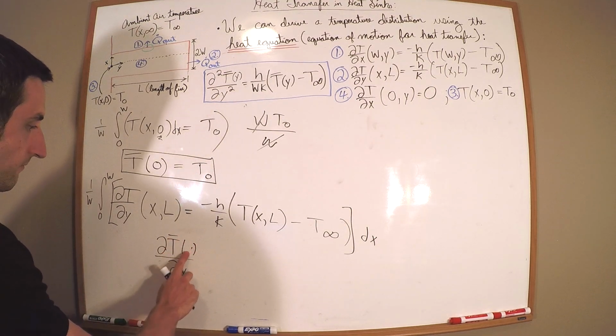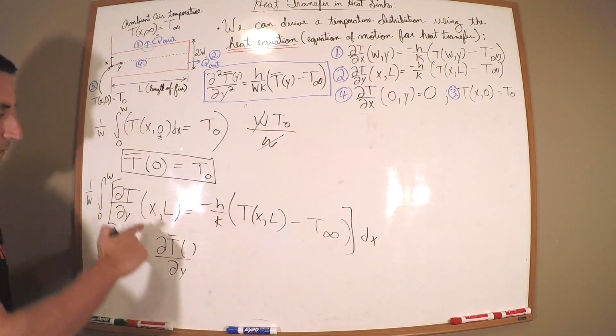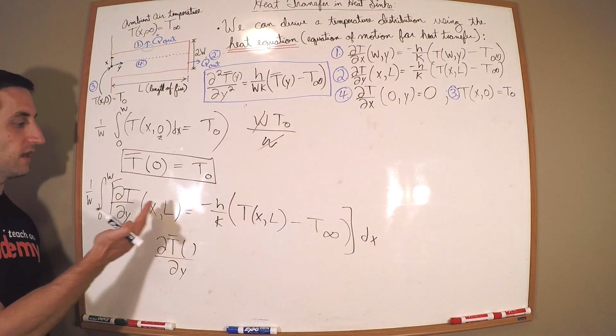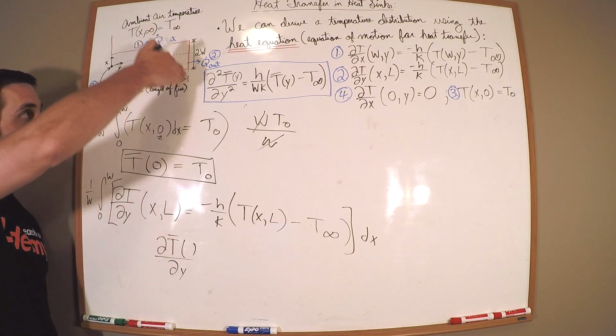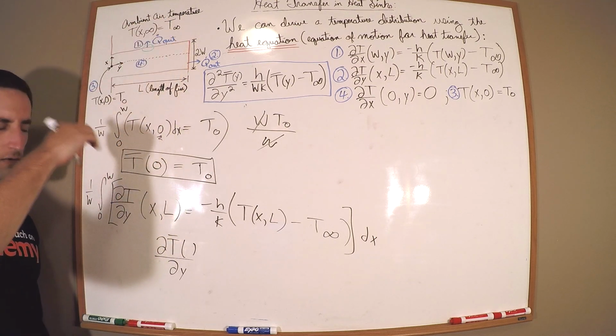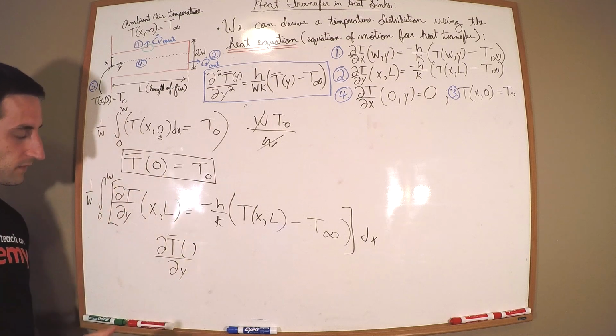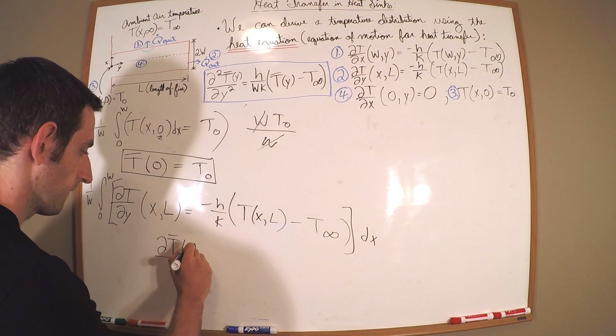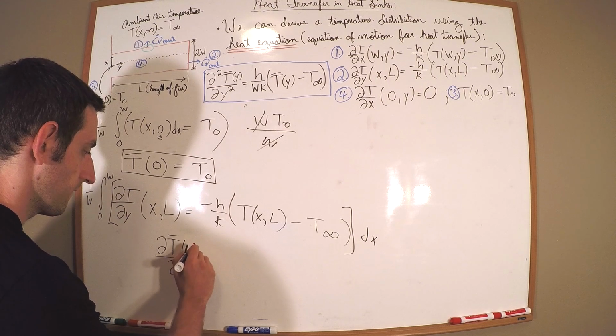Actually, I did not get this correct. So it eliminates the x, but we want the derivative at y, at that L parameter, y equal L.